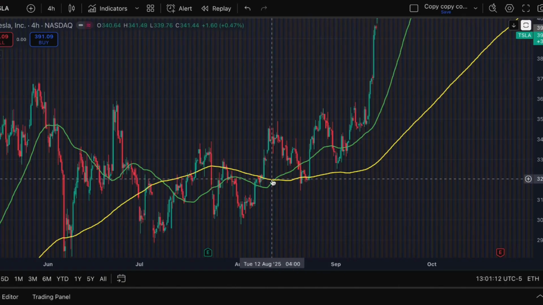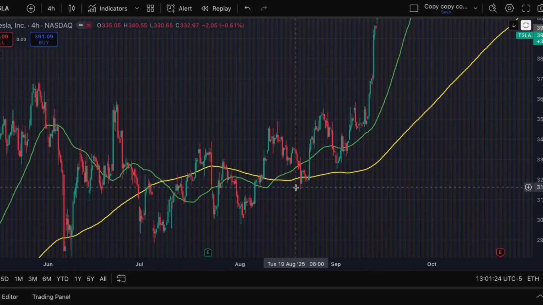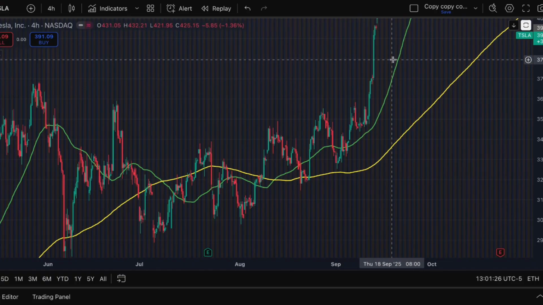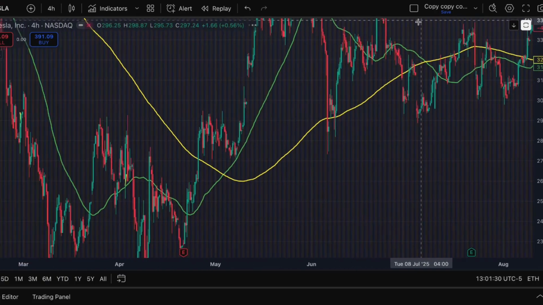But these are more longer term trades, and you could have gotten your price when it crossed over, and then put your stop loss. This one's not a good example because you'd have gotten stopped out, but then it ran to the upside. Same kind of thing with this one.